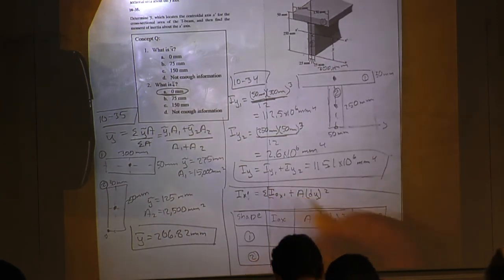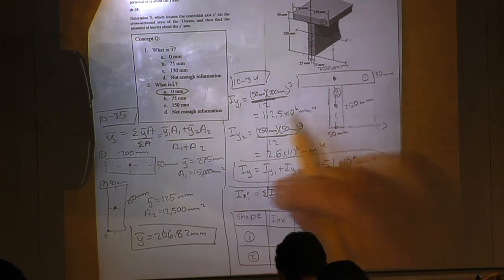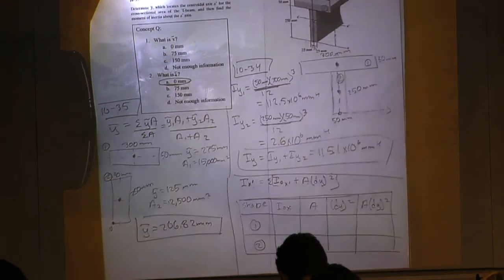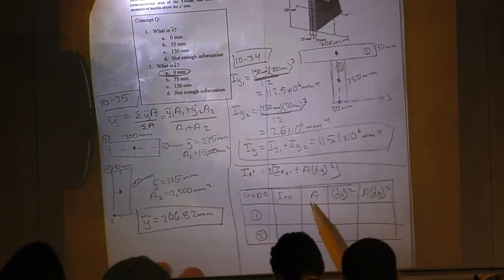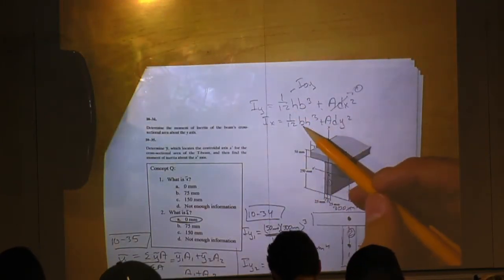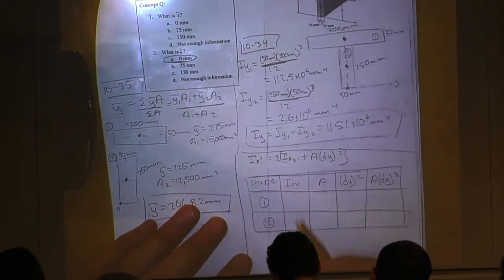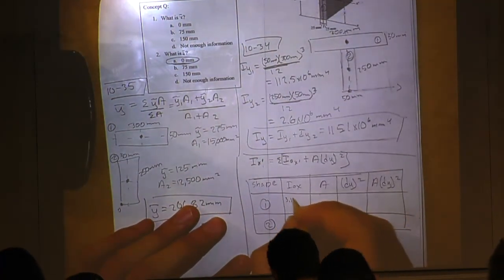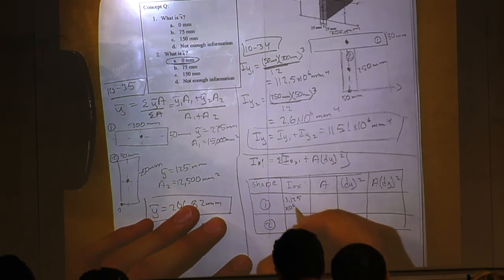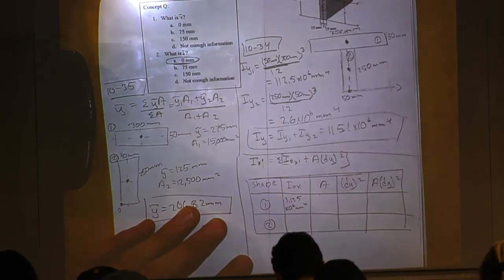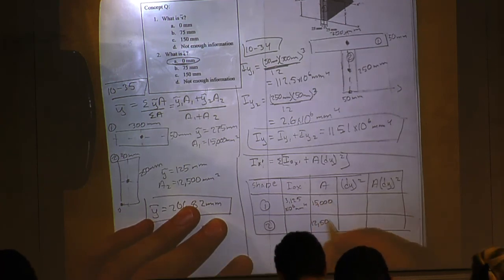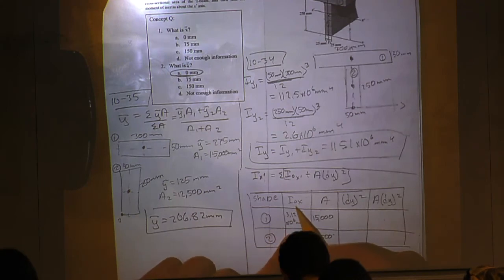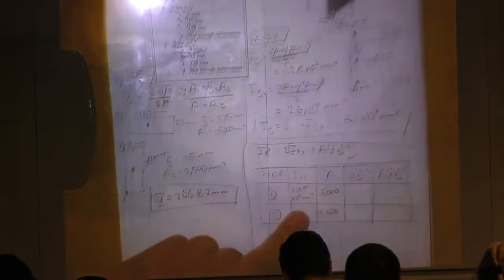So it'd be the sum of all of these. In this case, we only have 2 shapes. So I want to make sure we have enough time for questions. So I gave you guys these equations already. So in this case it's the x, so it's one twelfth base times height cubed, right? So fill in these values because I calculated them at home. And we found the area already for the shapes. All right, but like I said, these I naught x values were solved with this portion of the equation.